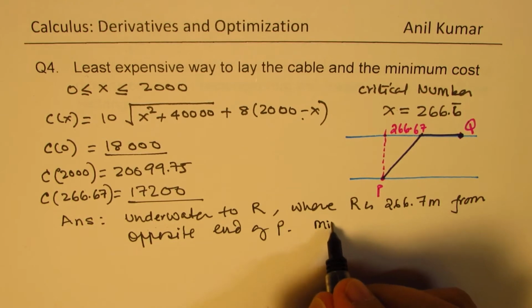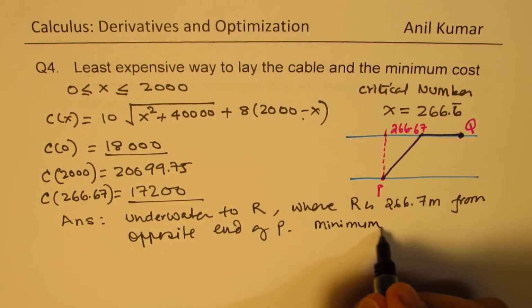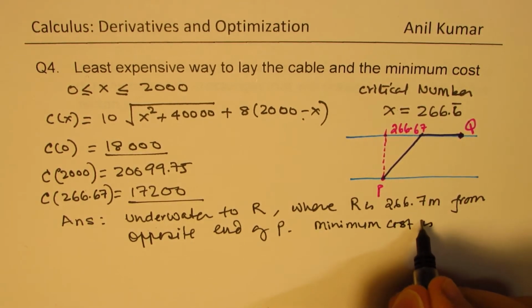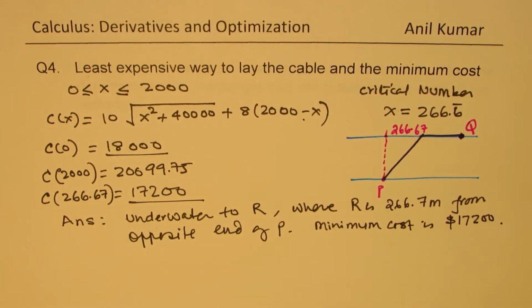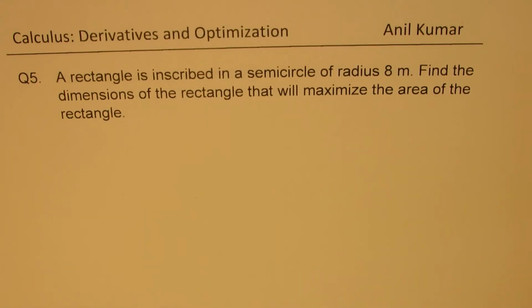And the minimum cost is, in dollars, 170,200, right? So that is how we could actually solve this question. I hope it helps. Question number 5.